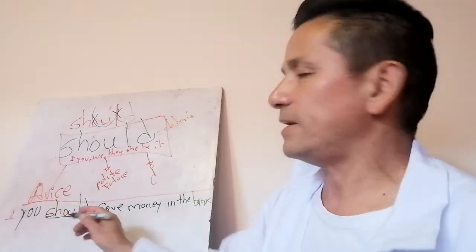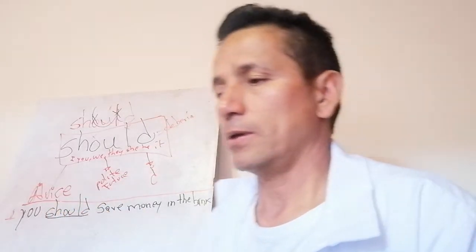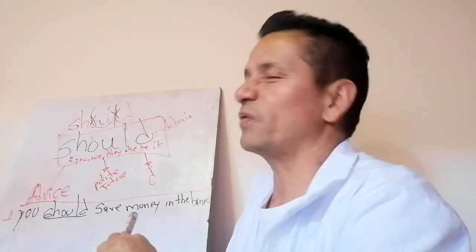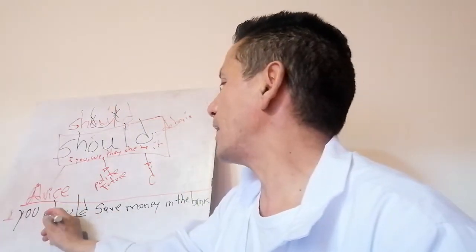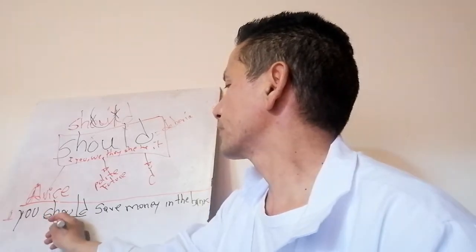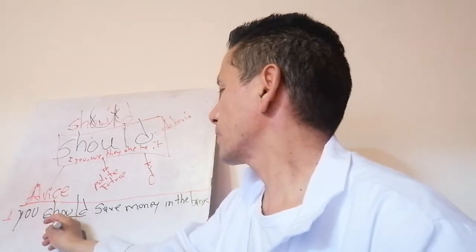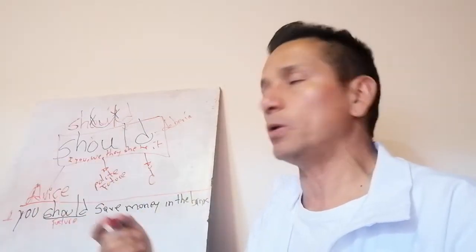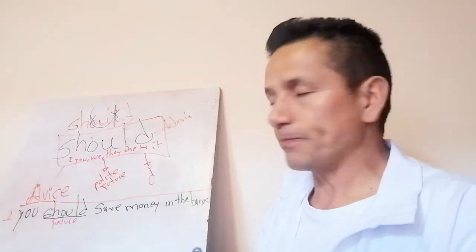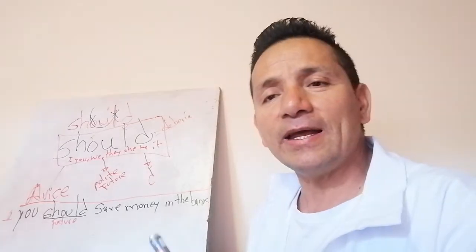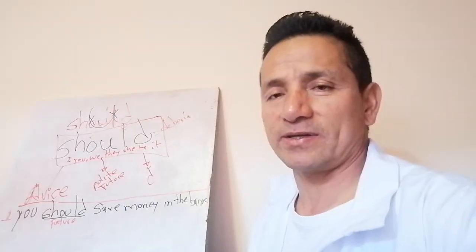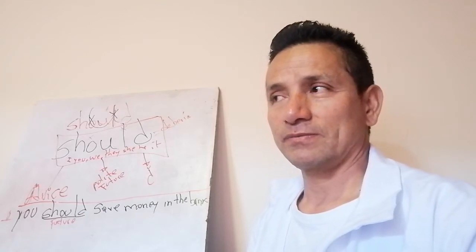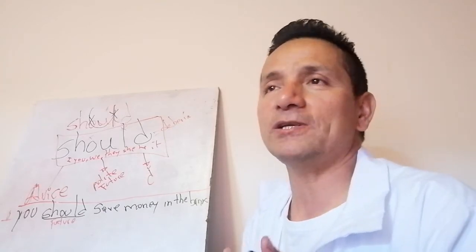This indicates future. Should es un auxiliar que se utiliza para un futuro. Deberías es la palabra futuro. Entonces tú deberías, es una posibilidad en futuro como consejos, ¿listo? Pero también existe la negación. You shouldn't. Tú no deberías. O sea, tengo un problema con la policía.